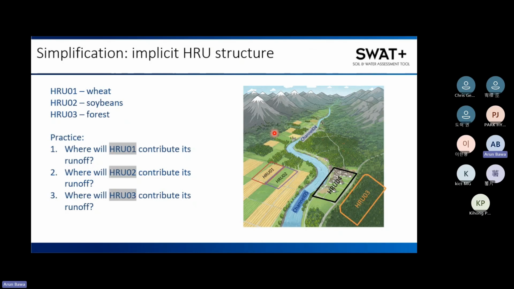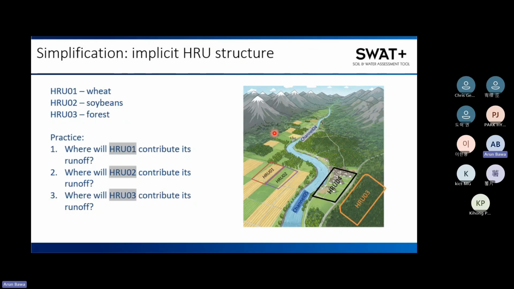As I mentioned, SWAT has been the product of over 40 years and is used in more than 100 countries, so we have some simplifications and some complications in the model. One simplification is that if you don't need HRU routing, then it will not have HRU routing.